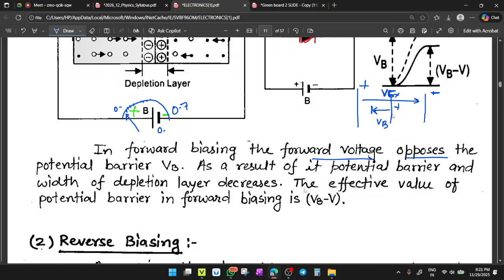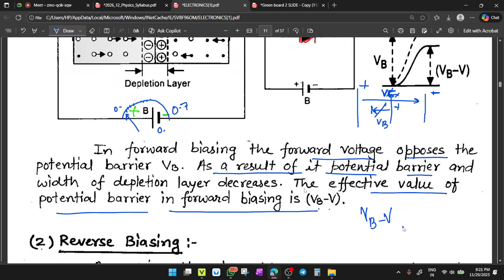The time your external voltage crosses the barrier voltage, the potential barrier and the width of the depletion layer decrease. So the depletion layer decreases, and the effective value of the potential barrier in forward biasing equals VB minus V. It is also said as V minus VB.